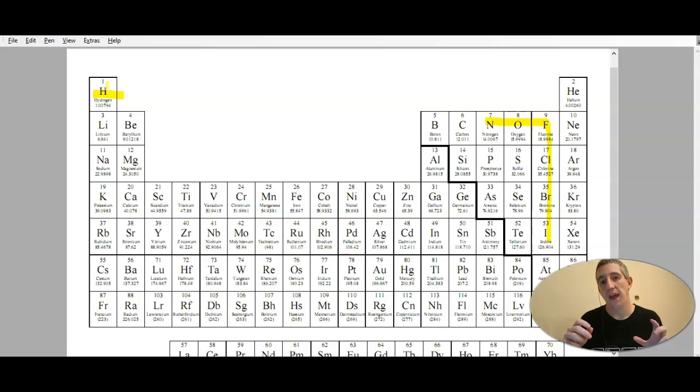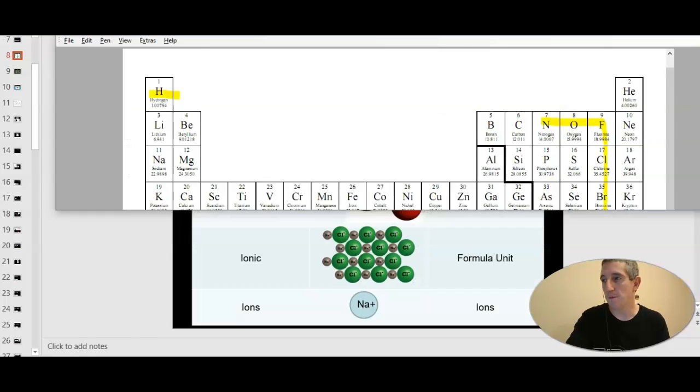The nitrogen in the air, that's 78% of the air that we breathe, is N2. So the smallest thing that we can break down N2 into is a molecule, unless we want to start doing chemical reactions and breaking the bonds between the nitrogen atoms. So the smallest thing we can break down, physically speaking, for those 7 diatomics would be the molecules.